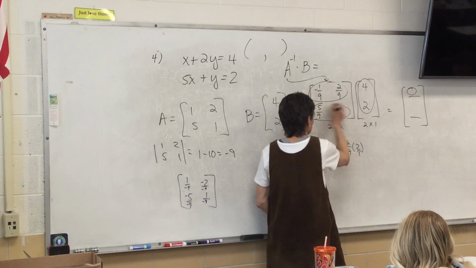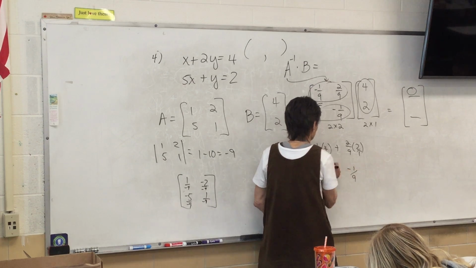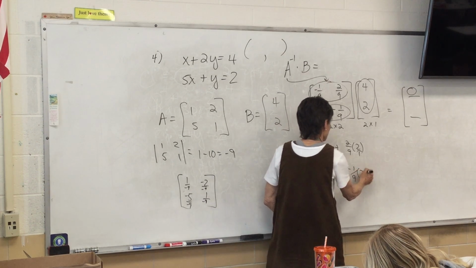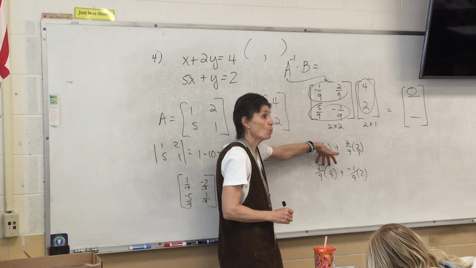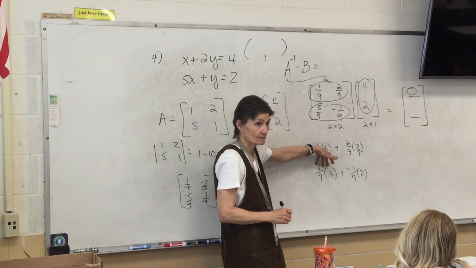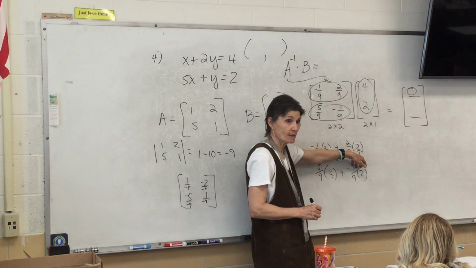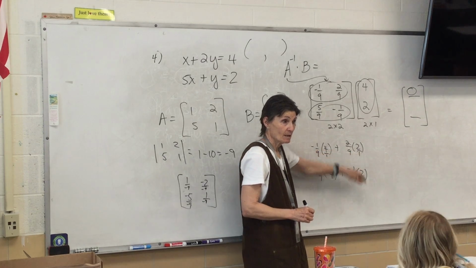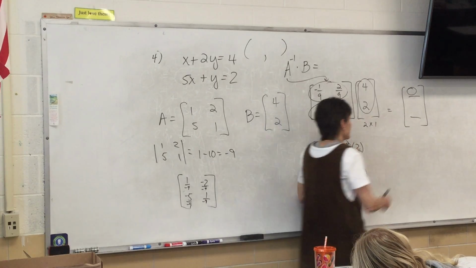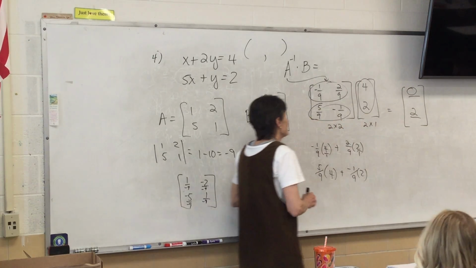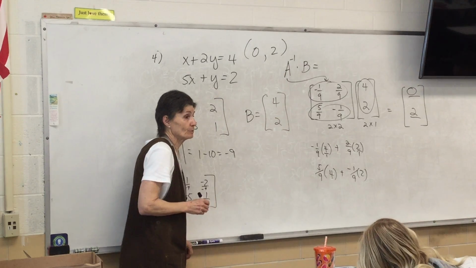And then I'll take row 2, so 5/9 and -1/9 times 4 and 2. So this is 20/9 minus 2/9. That's 18/9, which is 2. So the answer to the problem is 0, 2.